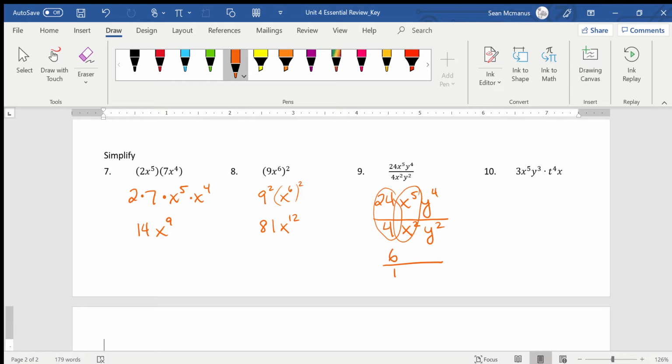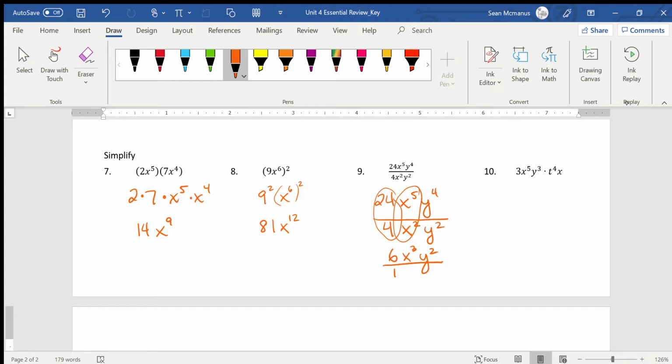The 2 on the bottom are going to cancel out with 2 on the top, so I'm left with 5 minus 2 is 3. And here I have 4 y's on top and 2 on the bottom. Remember, when I'm dividing them, they cancel. So 6x to the 3rd y squared over 1. I could get rid of the over 1 if I wanted to.